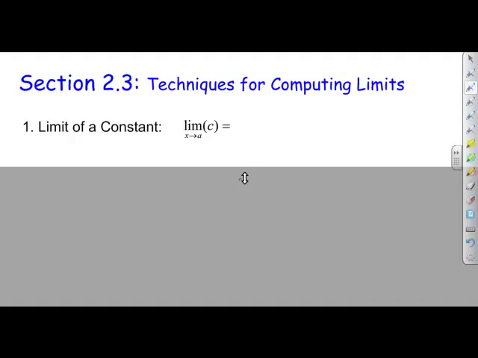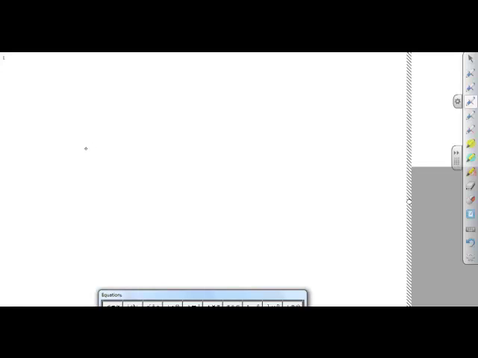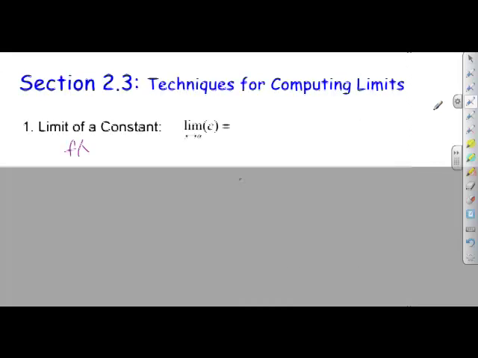The first one is the constant function. So what I'm suggesting here is that we consider a function f of x is equal to some number c.